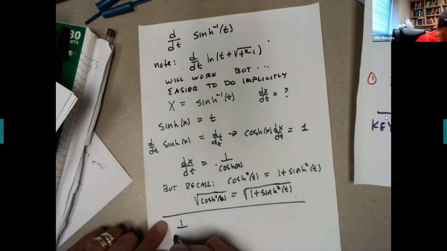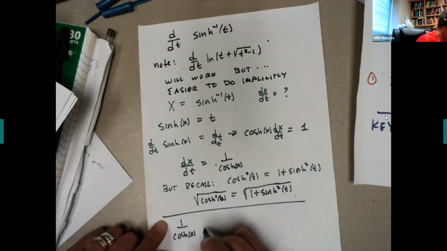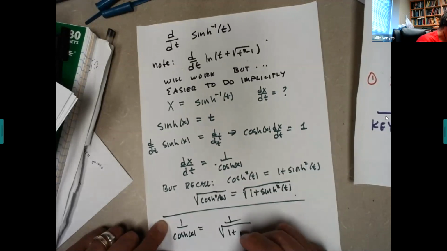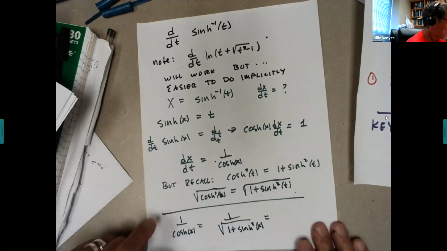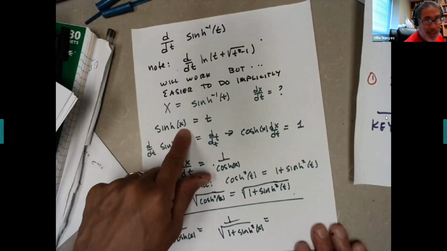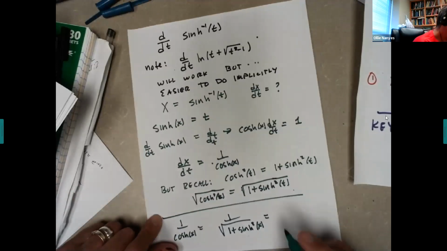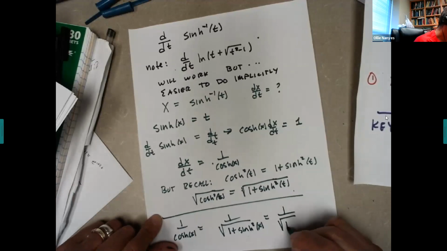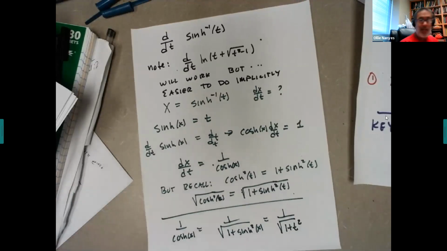So 1 over hyperbolic cosine of x is 1 over the square root of 1 plus hyperbolic sine of x squared. But remember, hyperbolic sine of x is t. And there you go. So there's your first derivative formula.